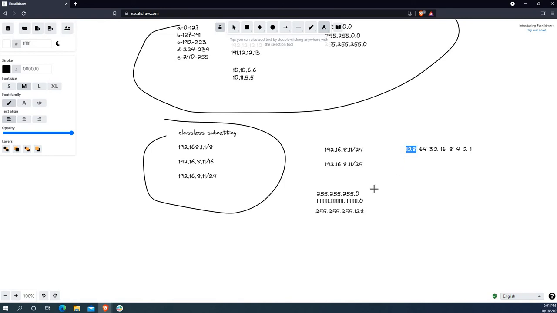And if you turn the first one on, it's 128. And you will represent this by, instead of 0 here, you would have a 1. Okay, and you have this right here, right?